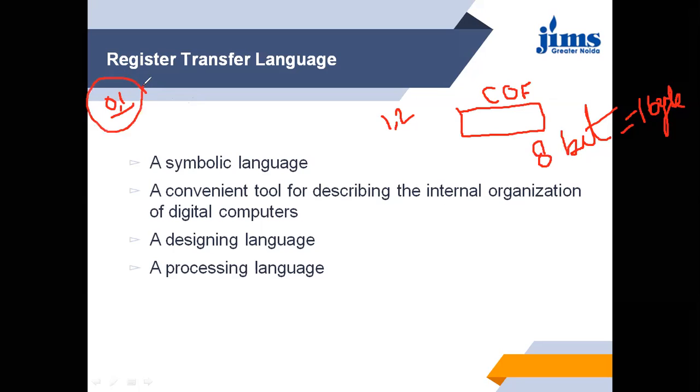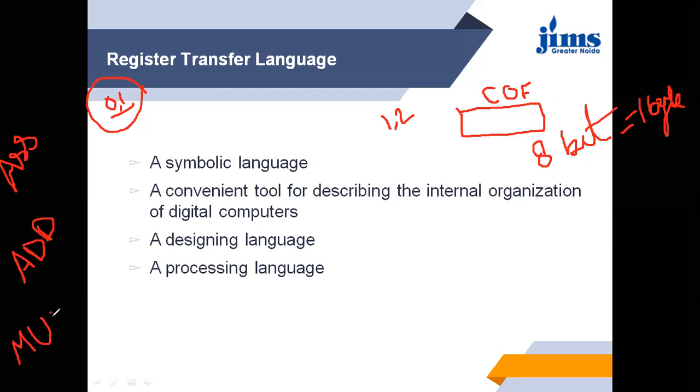One level higher than binary language is assembly language. Assembly language can be easily understood by human beings as well as by the computer. Like if I want to add two numbers, then add; multiply, mul. Mul is for multiply. So these are the different operations.